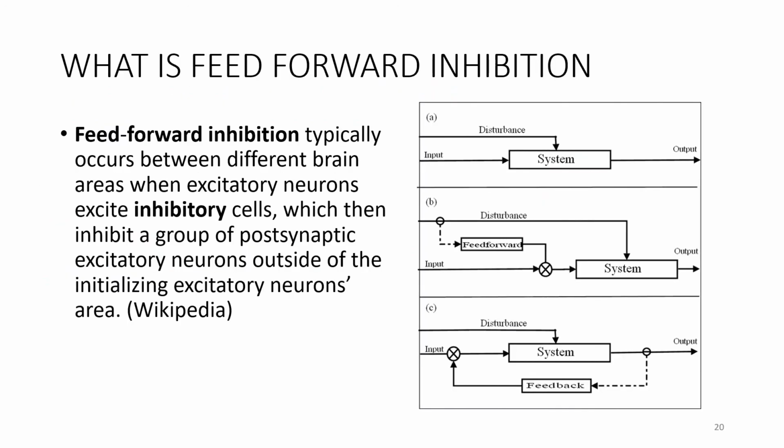What is feed-forward inhibition? Feed-forward inhibition typically occurs between different brain areas when excitatory neurons excite inhibitory cells, which then inhibit a group of postsynaptic excitatory neurons outside of the initiating excitatory neurons' area.